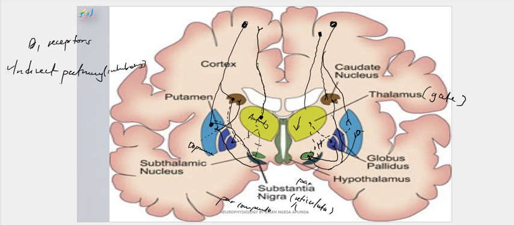So the dopamine will be released and it will interact with some form of dopamine receptors. In the indirect pathway, these are normally D2 receptors.